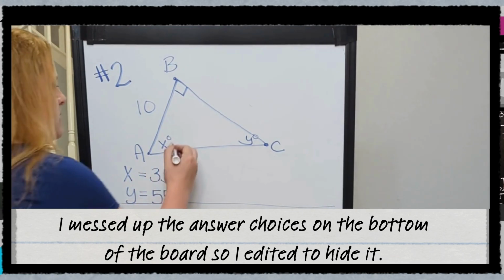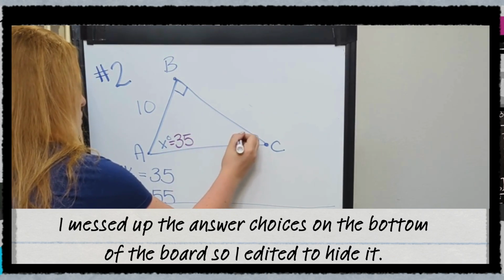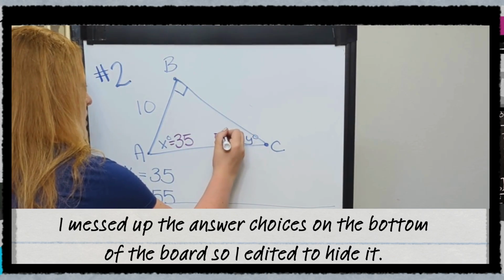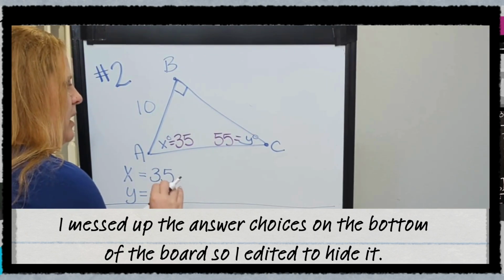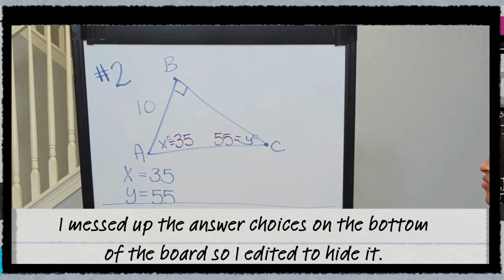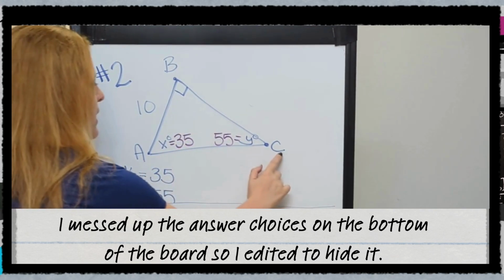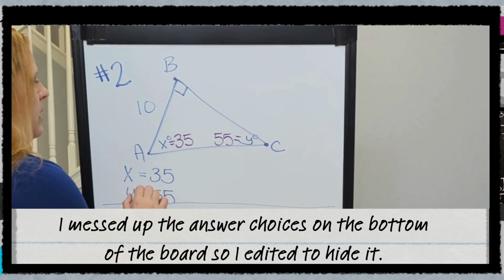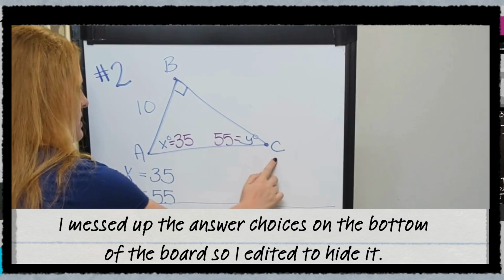So that means this little corner is a 35 and this little corner is a 55. Tell me what angle is the biggest. And when you tell me what angle is the biggest, you're going to follow it across and then tell me what that line is called. So for example, if you follow B across, it's AC.